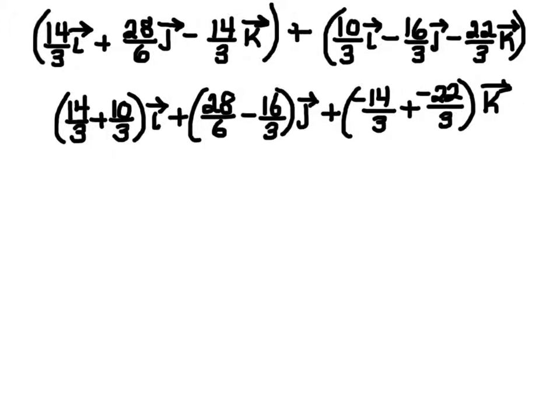Okay, so let's work this out, and what we get is 14 and 10 is 24 over 3 in the i direction, plus, and here we have 28 divided by 6.